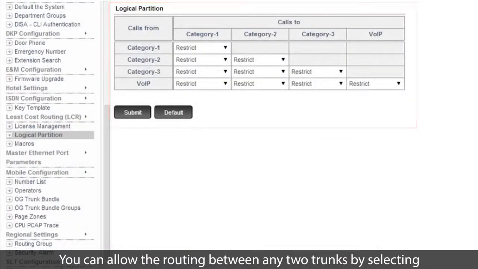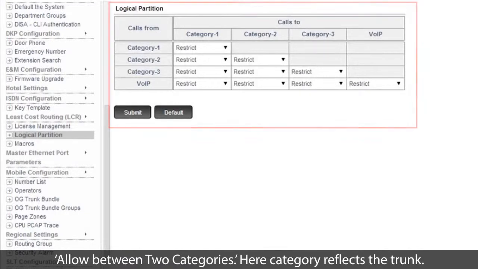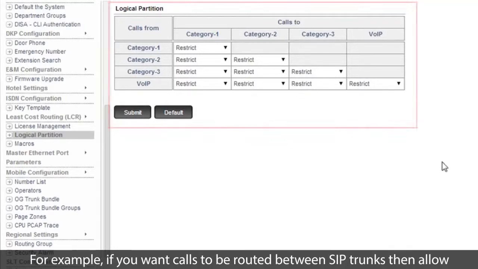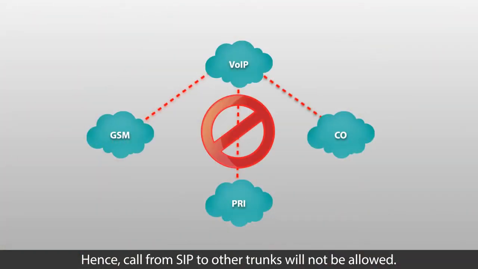You can allow the routing between any two trunks by selecting Allow Between Two Categories. Here, category reflects the trunk. For example, if you want calls to be routed between SIP trunks, then allow VoIP to VoIP only and keep rest options restricted. Hence, call from SIP to other trunks will not be allowed.